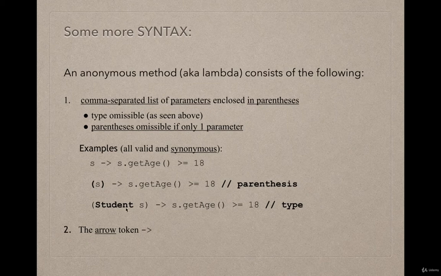And here we write the type; in our little example we assume that the compiler can infer the type, so that's why we don't write it, but we could write it explicitly if we wanted to. Number two, the arrow token, which is a no-brainer. This is the separator, which separates the parameter from the body.